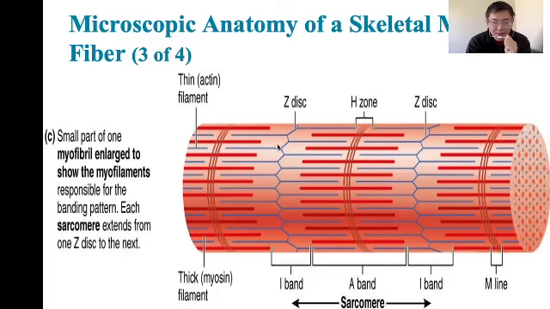The region between two adjacent Z discs is called a sarcomere. The region between the two adjacent I bands is called the H zone.